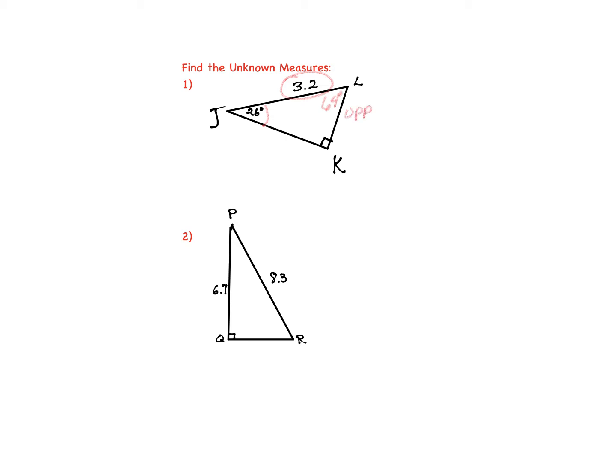So if I have opposite and hypotenuse, remembering SOHCAHTOA, I can use my sine. So I can set it up that the sine of 26 degrees equals LK over 3.2, opposite over hypotenuse. So 3.2 times the sine of 26 degrees equals LK.